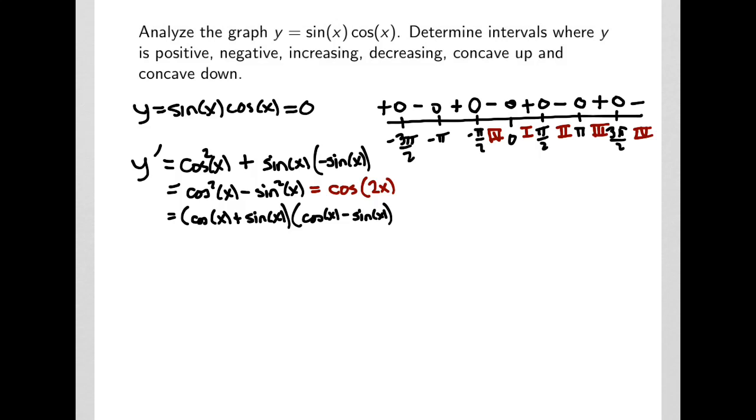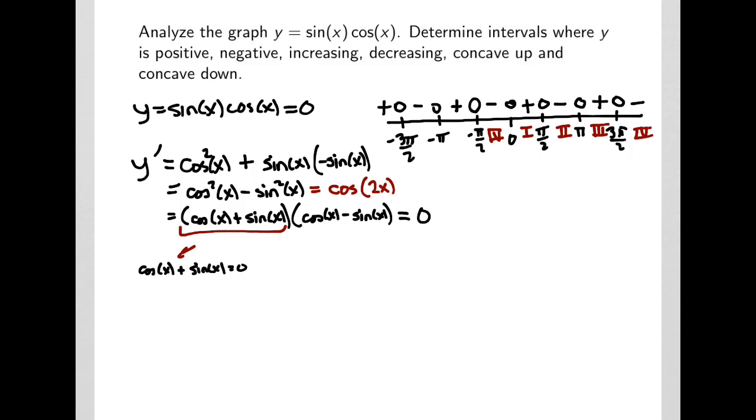So we want to know when the derivative equals 0. And again, just like for our original function, there are 2 pieces. Either the cosine of x plus the sine of x equals 0, which leads us to our first possibility, cosine of x plus sine of x equals 0.